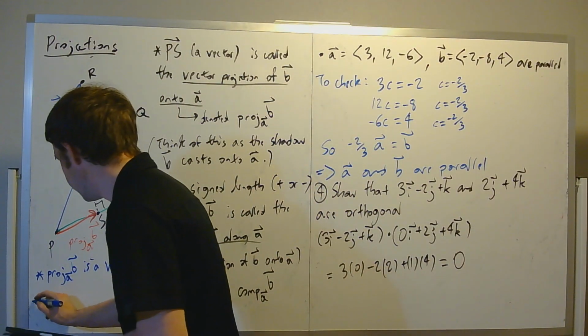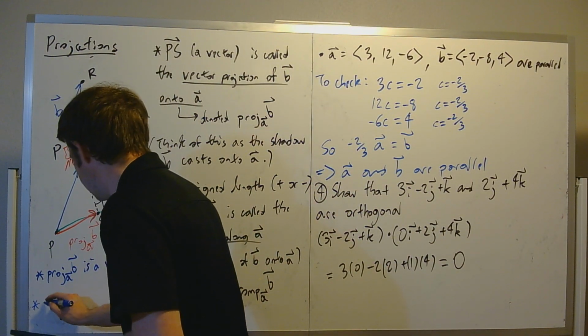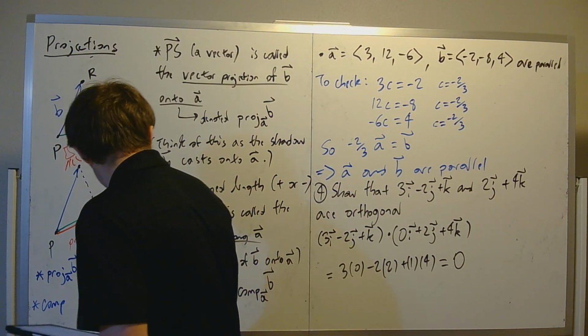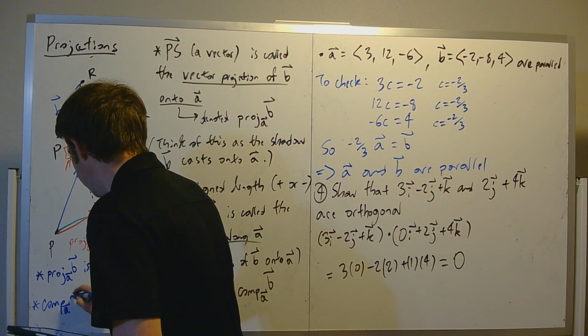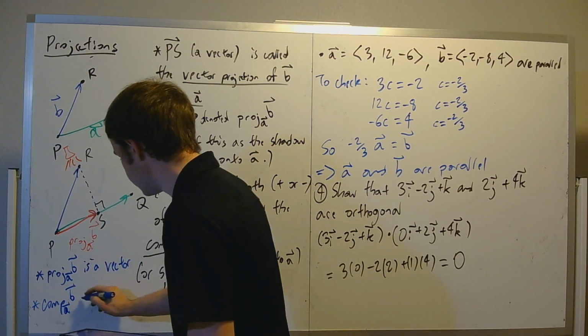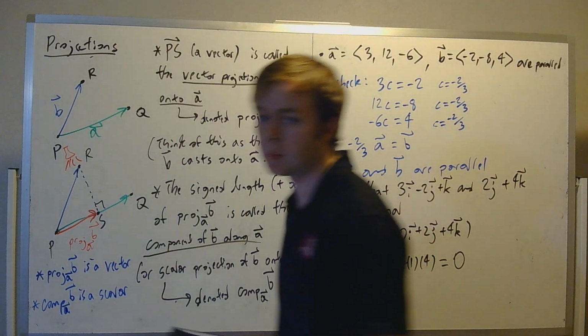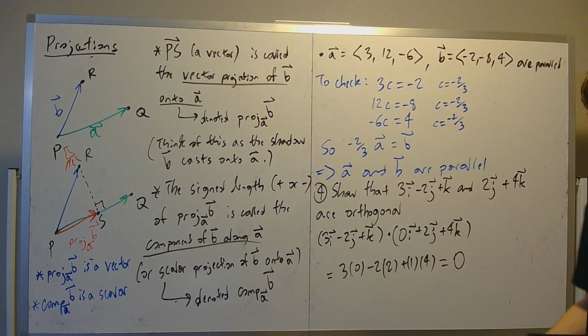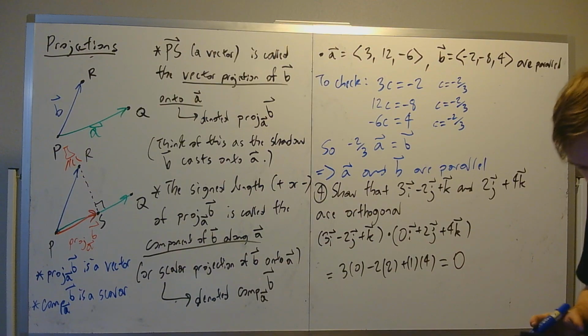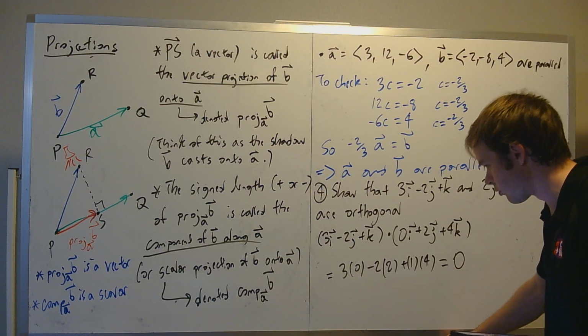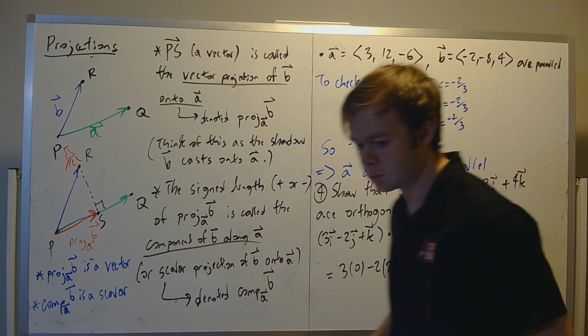So I'll say here that comp sub A of B, that's a scalar. Remember, when I say scalar, I mean the same thing as if I say number, right? So it's just a number. Okay. And I'll give you a couple formulas here so that we can actually work with these things.